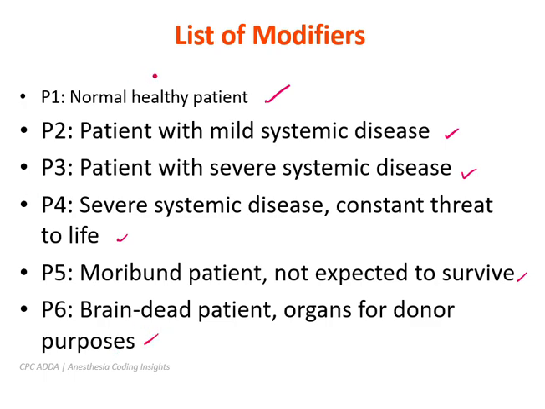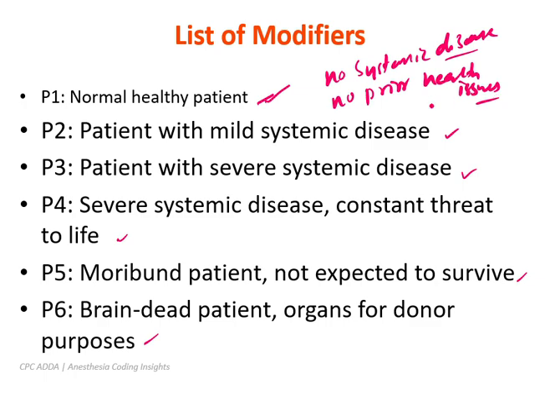So what is P1? P1 is a normal healthy patient. This applies to patients with no systemic disease or abnormal conditions. For example, a 25-year-old undergoing a routine appendectomy with no prior health issues, we can see as a normal healthy patient.